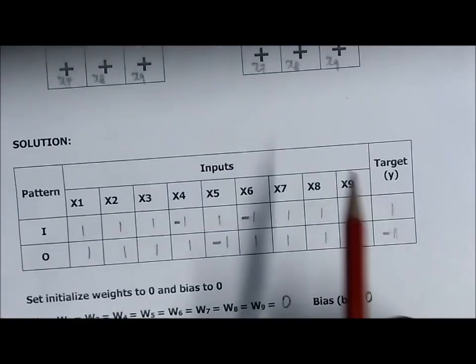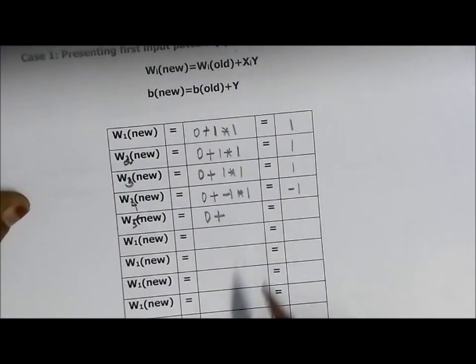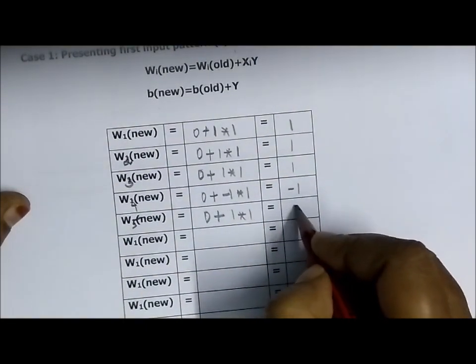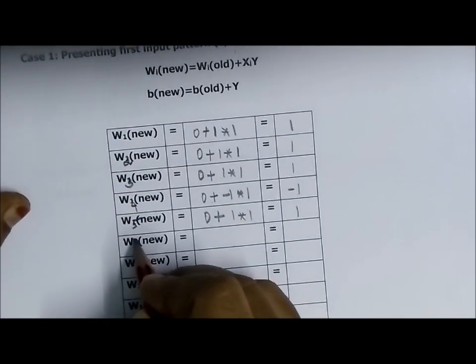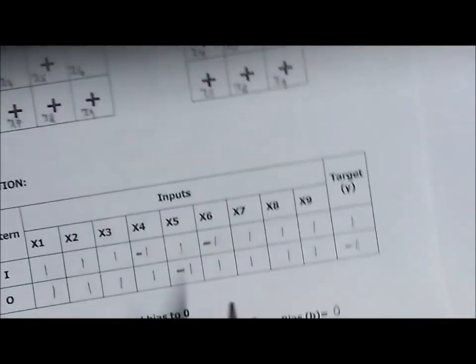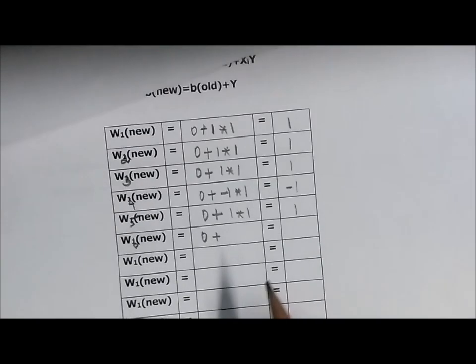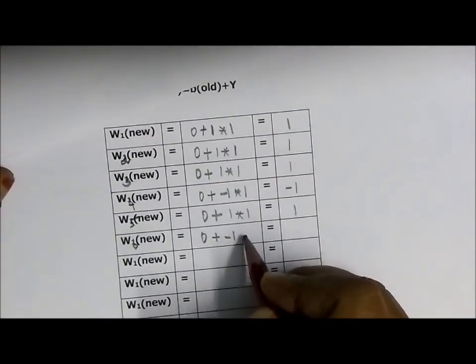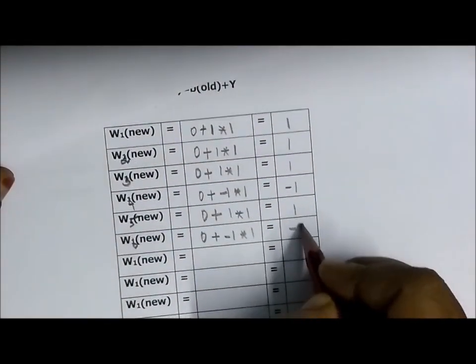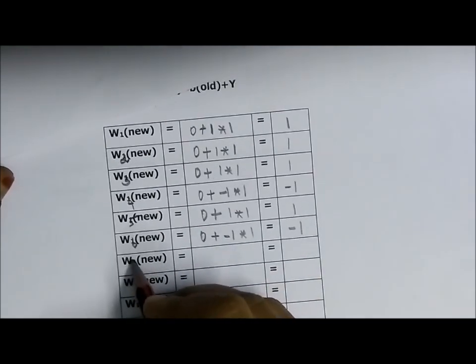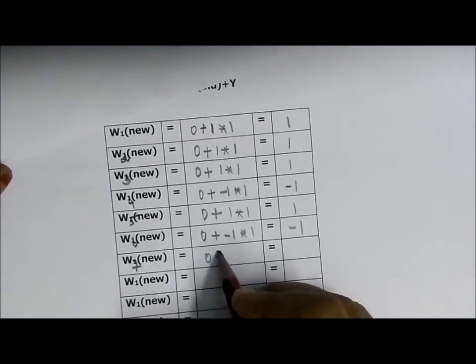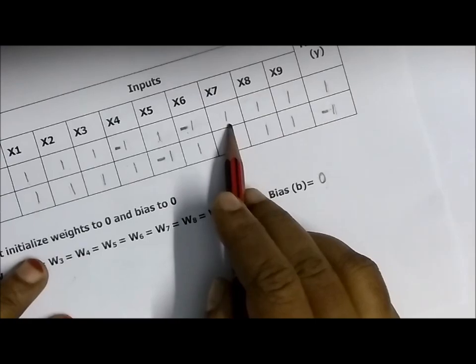For 5 the value is 1, so 1 into 1, the value is 1. And next is w6: 0 plus input x6 as -1, so -1 multiplied by 1 gives -1. Similarly for w7, 0 plus, here the value is 1.